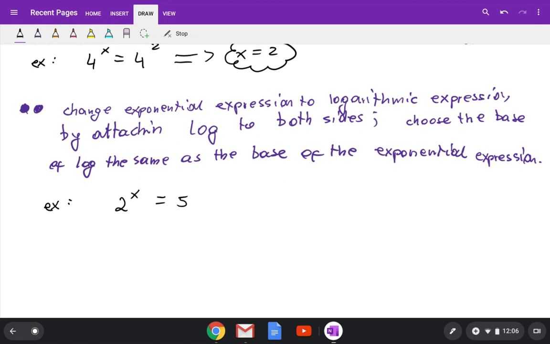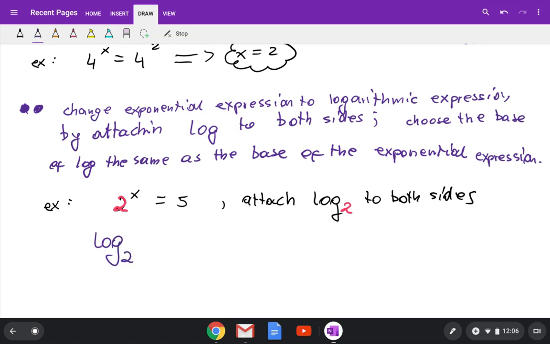So we're going to change that to a logarithmic equation. So what we're going to do, attach log, and don't forget that logarithm equations have the same base as exponential equations. So log of base 2 to both sides. So I'm attaching log of base 2 to both sides.